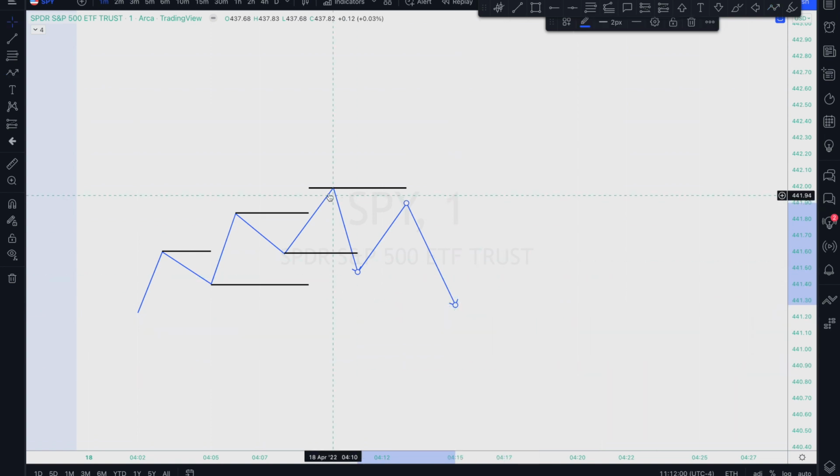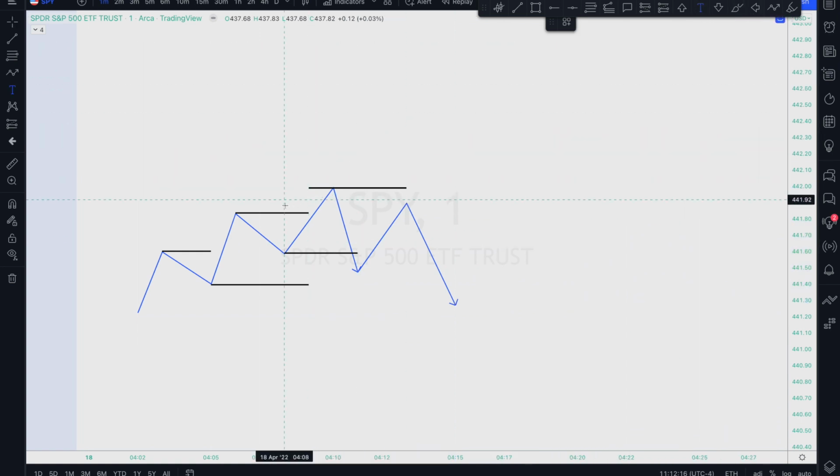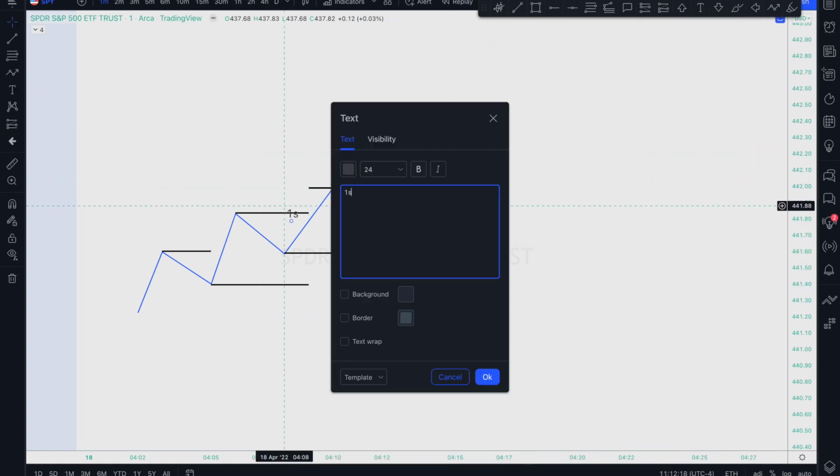And when you get this move, so our change of character is we broke the high, we broke the low, right? We are now changing characters of our trend. So you need to look at change of character as a trend reversal. This has to break first. The high has to break first, right here.